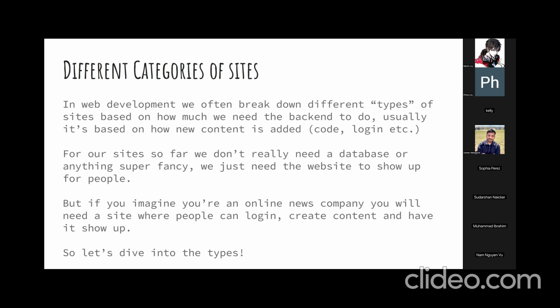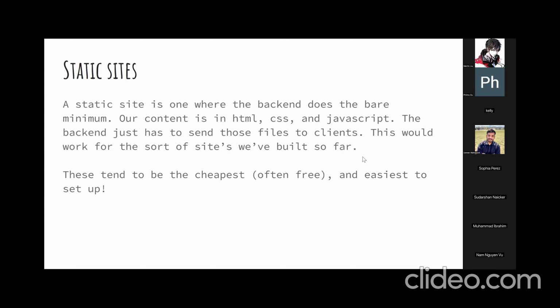And then there are multiple ways of developing a website. You can break it down into different types and see what type of content is added. So far, the sites we've needed or made don't require a database or anything super fancy. Right now, we're just trying to make a website that we can show to people and make it look nice. That's it. But for an online company or a login, where we want to create content and show it, that's where the backend components show up. So there are static sites.